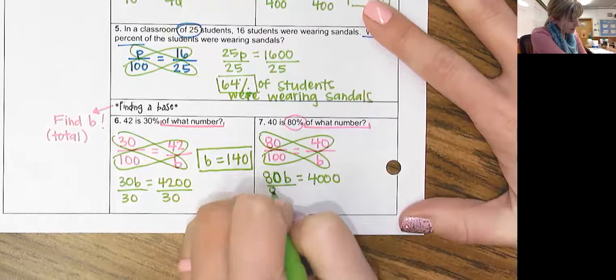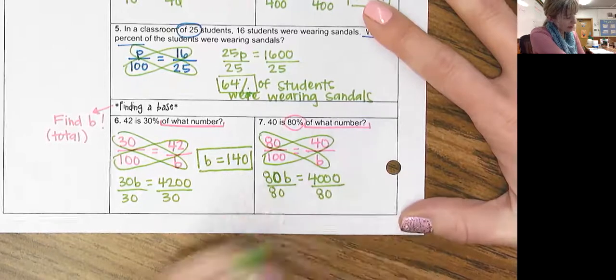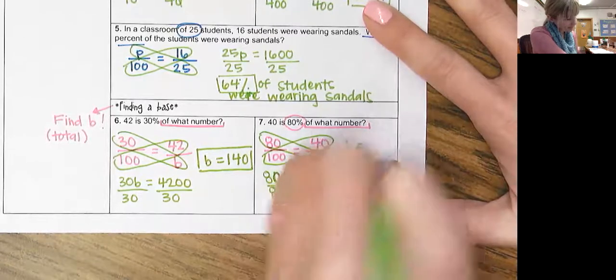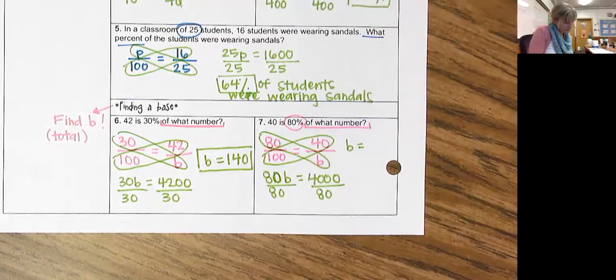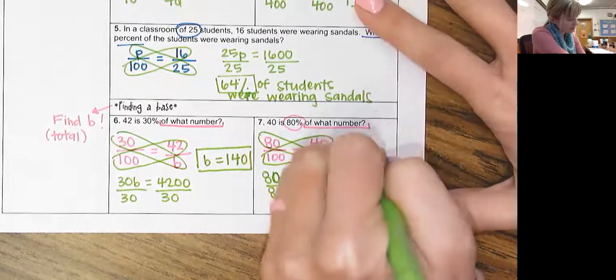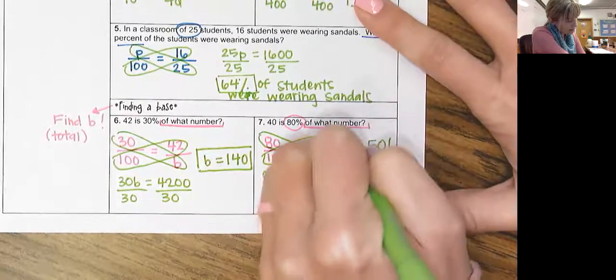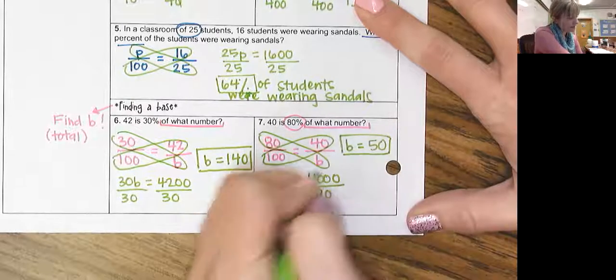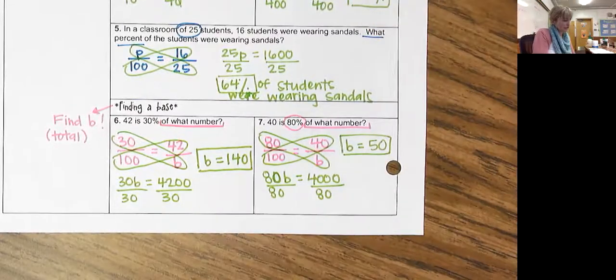Divide by 80, divide by 80, and B equals 50. 4,000 divided by 80 equals 50. What we're saying there is that 40 out of 50 is 80%, which it is, because 40 out of 50 is 4/5, and 4/5 as a decimal is 0.8, which is 80%.